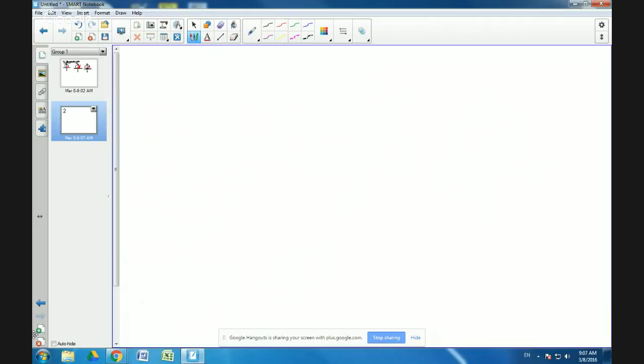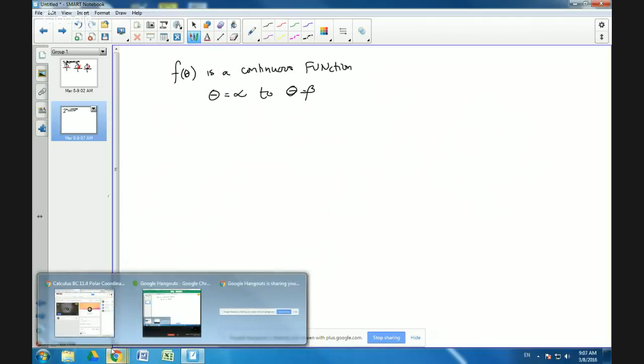Here is the formula. What are the conditions? Remember this: it's continuous and it has to be nonnegative. We are going from, this is how your book notes it, from alpha to beta.